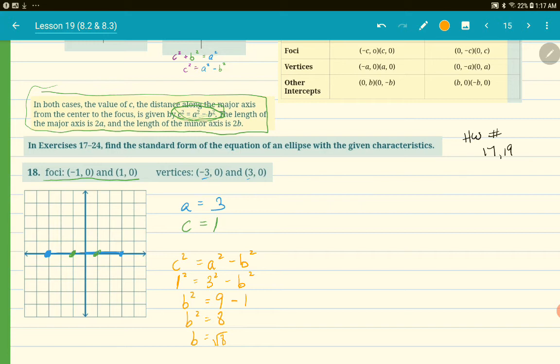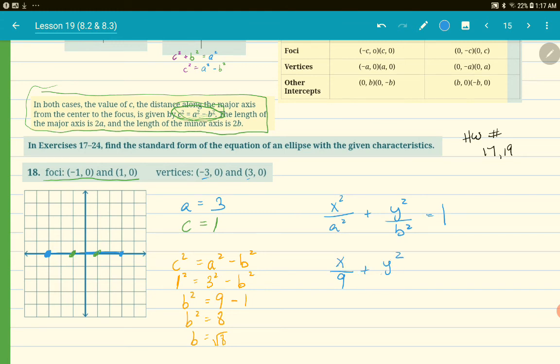So now I can write my equation. My equation was x squared over a squared plus y squared over b squared equals 1, where a is bigger than b. And we just found that a is 3, so a squared is 9.